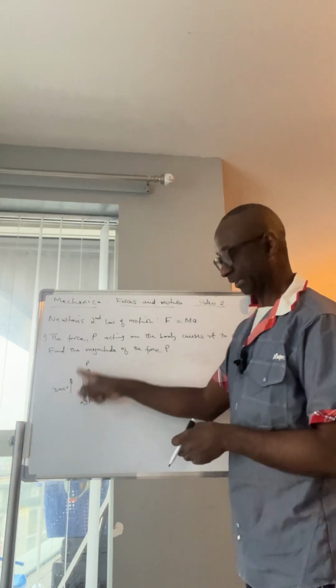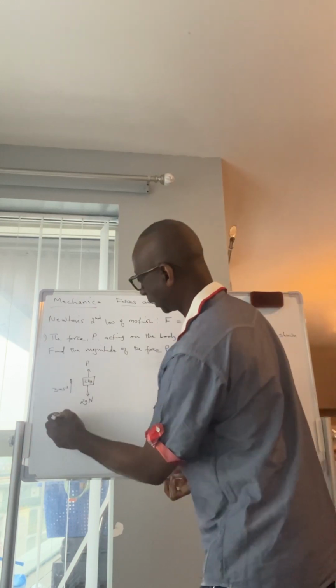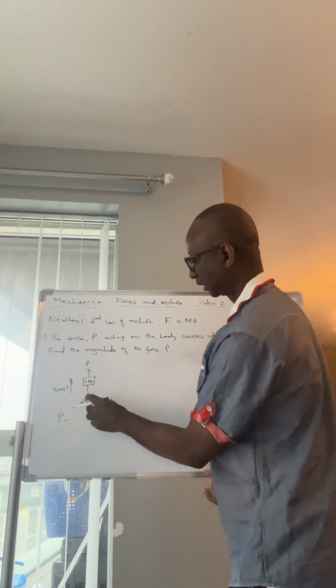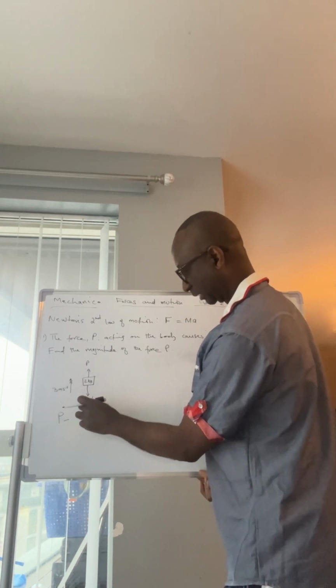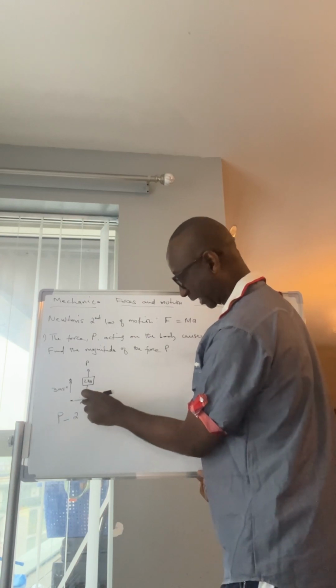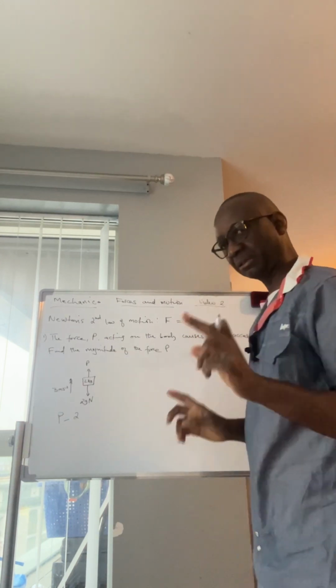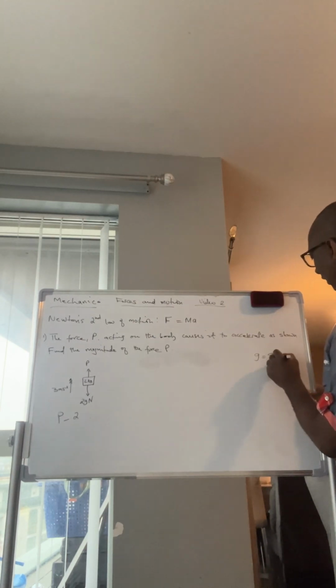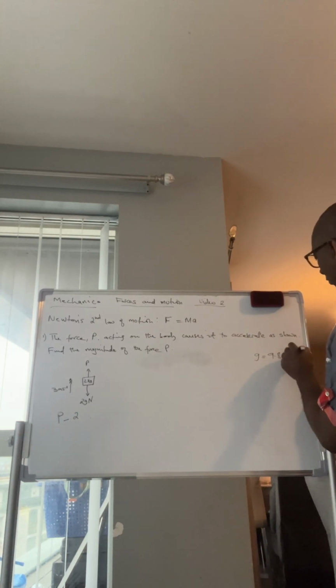It's accelerating, so then we'll have P minus 2g. This g is acceleration due to gravity. It's a constant. It's given to you. g is 9.8 meters per second squared.